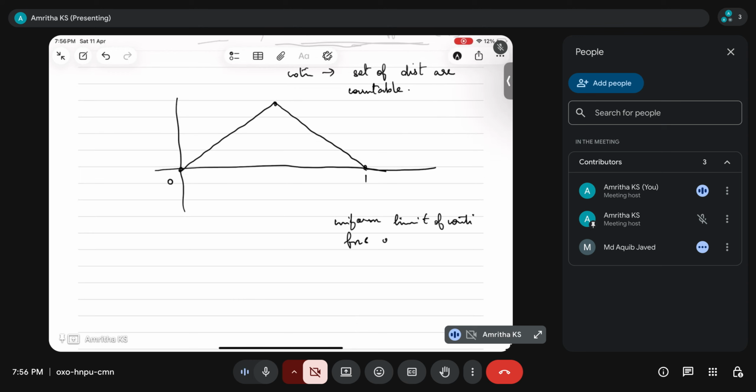This is continuous, right? Therefore, a uniform limit of continuous functions is continuous. So therefore, our f should be continuous, but not a differentiable function.